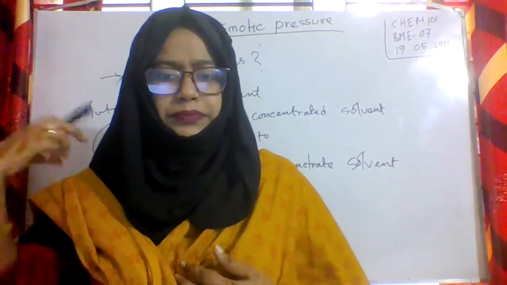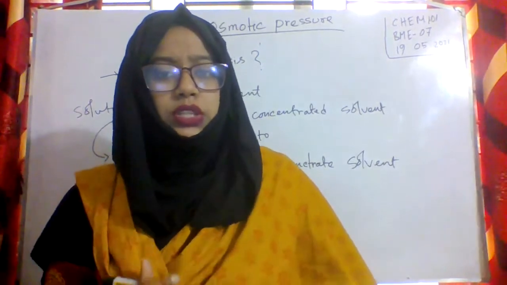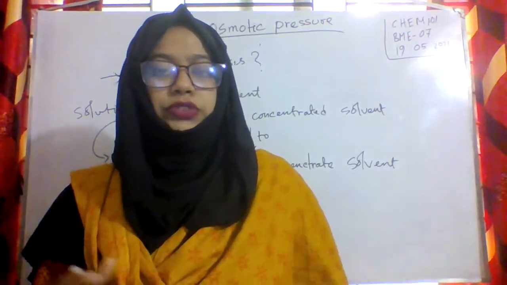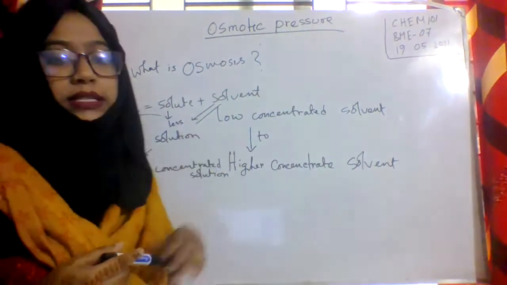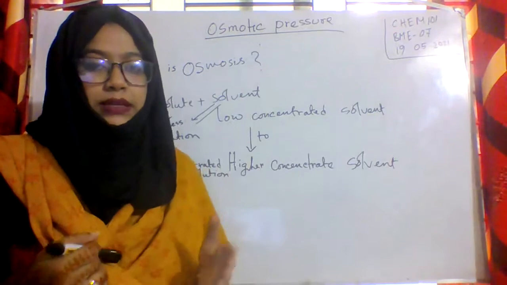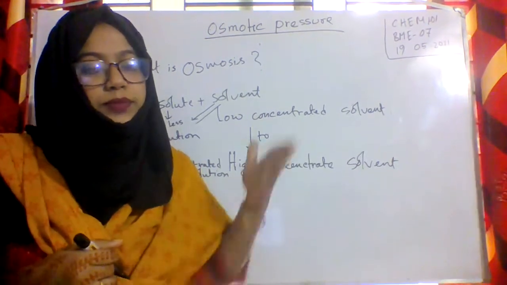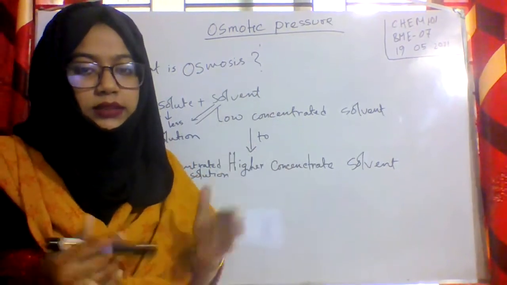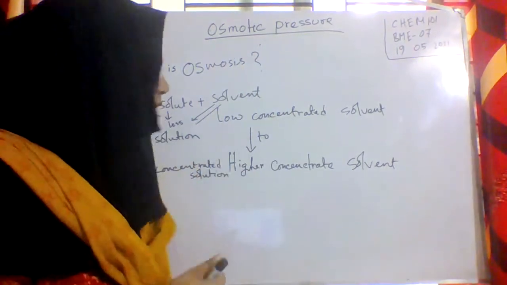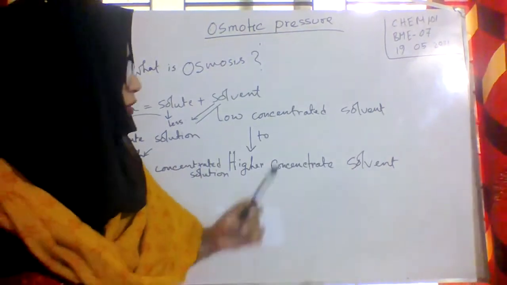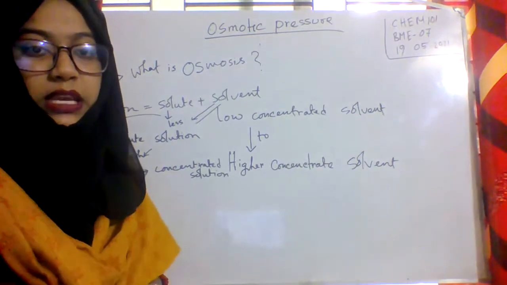Opposite means here solid particle will not be able to shift because in osmosis there is a semi-permeable membrane between the movement of both areas. That means in case of osmosis, the difference is that a membrane is present.